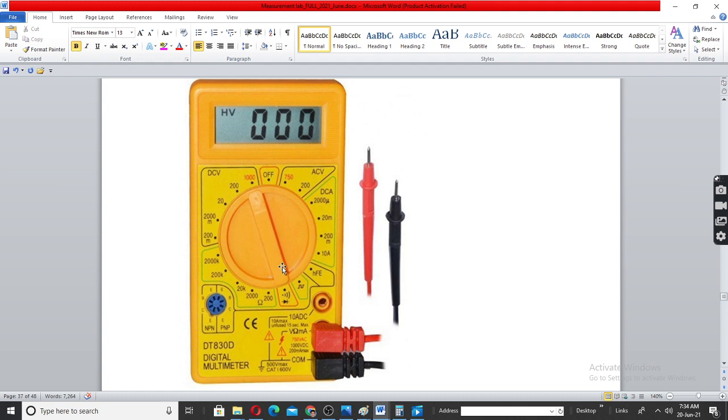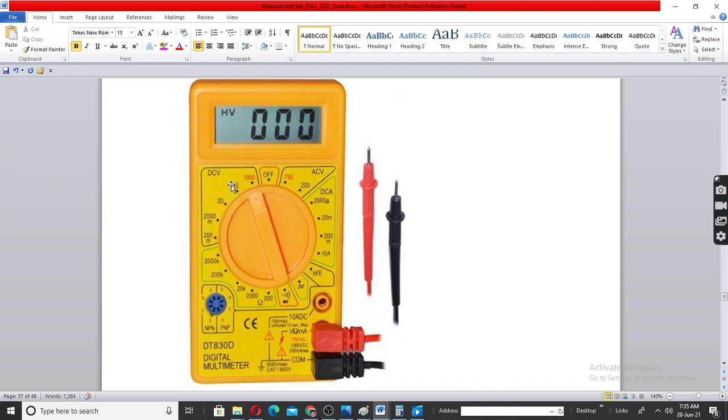You rotate this knob, and it is used to select voltage, current or resistance ranges. This is the resistance region. You have ranges from 200 ohms, 2000 ohms, 20k, etc., till 2000k.